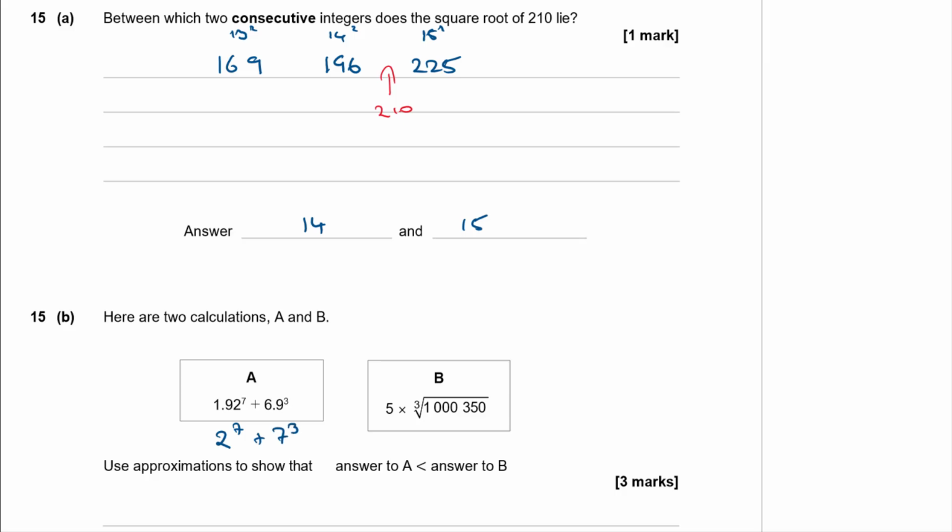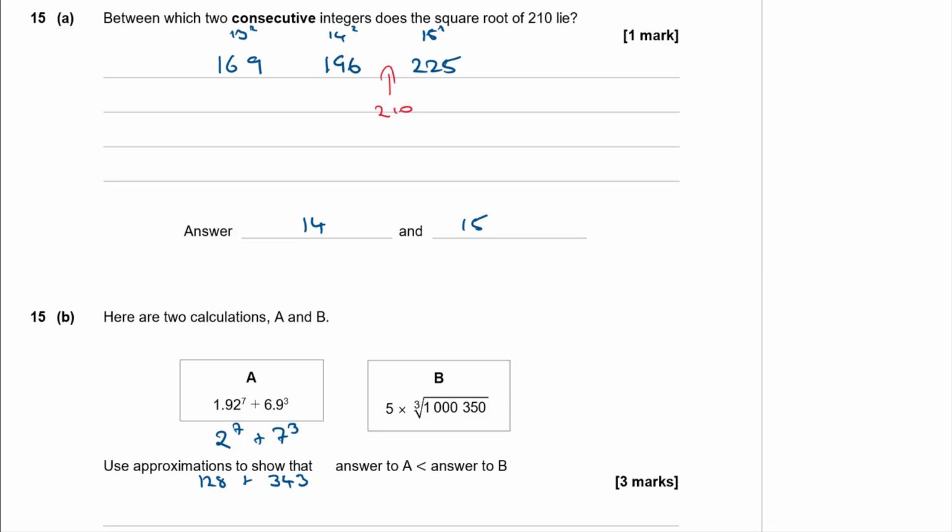Okay? So 2 to the 7, what's that? 2, 4, 8, 16, 32, 64, 128. So that's going to be 128 plus 7 cubed, or 7 sevens are 49, and then 7 lots of 49. I think it's 343. So again, I remember my cubes up to 10 because it's quite handy for the non-calculator paper.